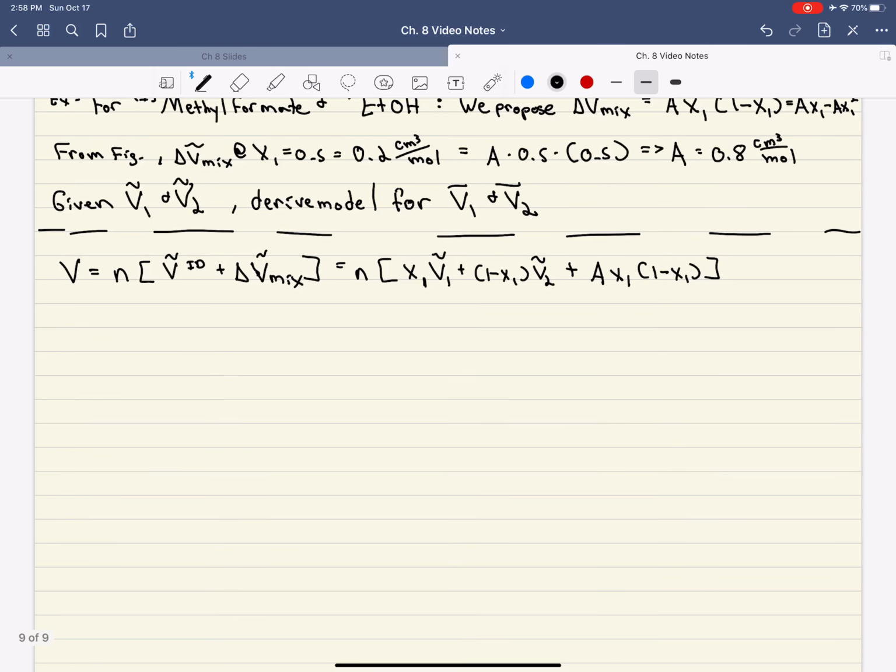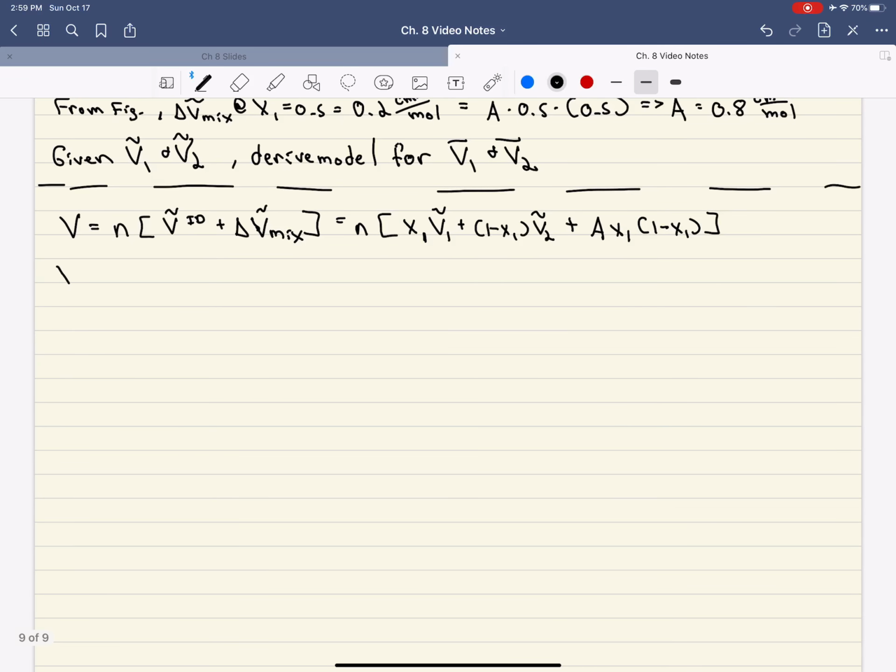We can multiply across the N into all of the mole fractions. So V is now going to be equal to N1 V1 tilde plus N2 V2 tilde plus A N1. And since we only had one of these moles, I'm going to multiply by the x1 here.